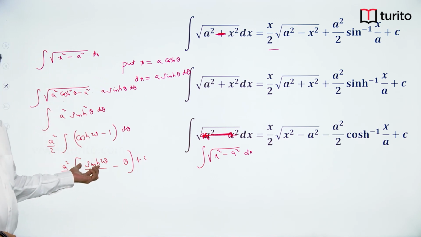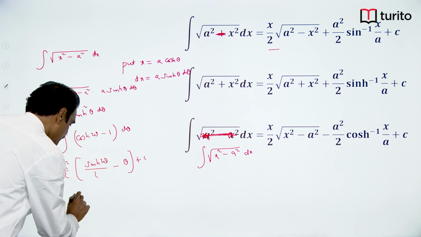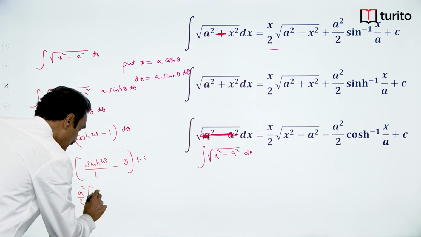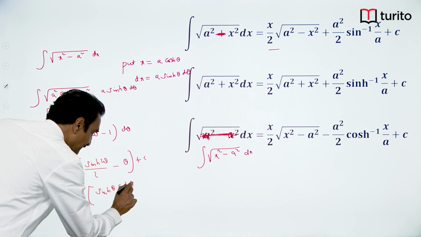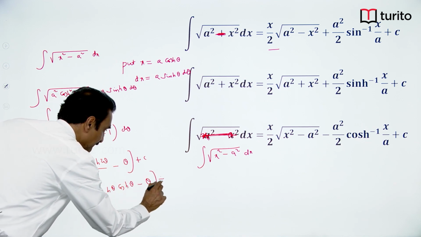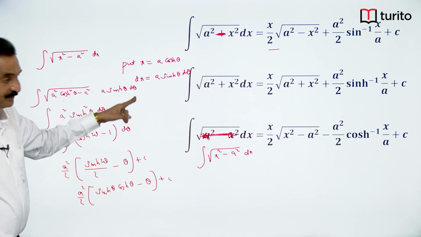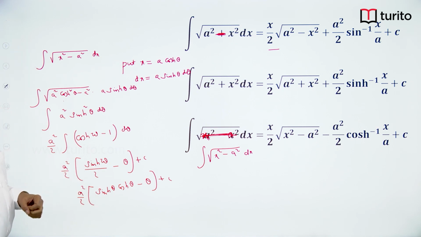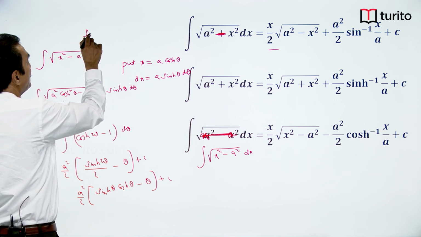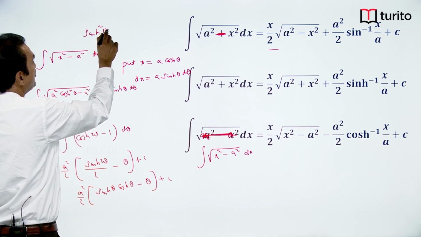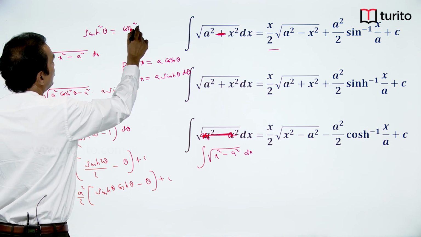Now, sin h2 theta can be written as 2 sin h theta cos h theta. So, 2 cancels, a square by 2 into sin h theta cos h theta minus theta. Now, cos h theta is x by a, sin h theta will be, the relation is sin h square theta is equal to cos h square theta minus 1.